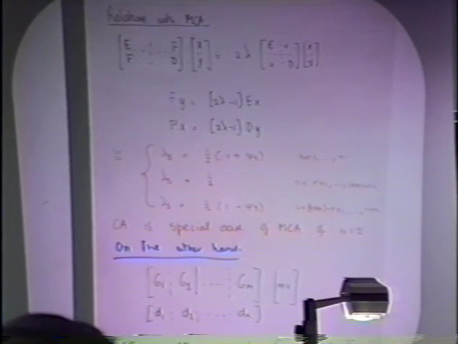This also explains why multiple correspondence analysis has n plus m eigenvalues, and of course ordinary correspondence analysis only has minimum of n and m singular values. Where do the extra eigenvalues come from?